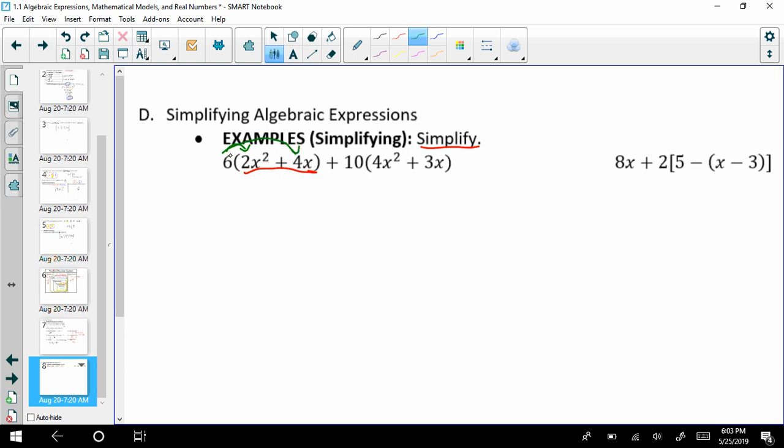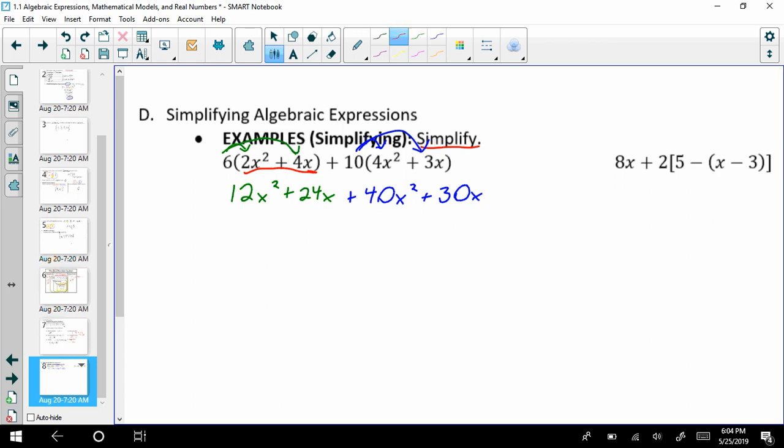So I'm going to multiply in 6 times 2x squared. If I had 6 of those, I would have 12x squareds. And 6 times 4x, I'd have 24x's. If I do the same thing on the other guy, 10 times 4x squared would be 40x squared, and 10 times 3x would be 30x. I'm just multiplying and distributing.